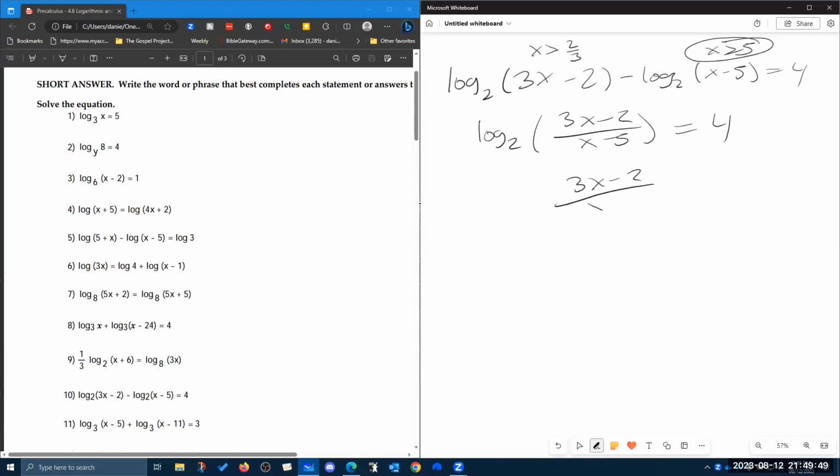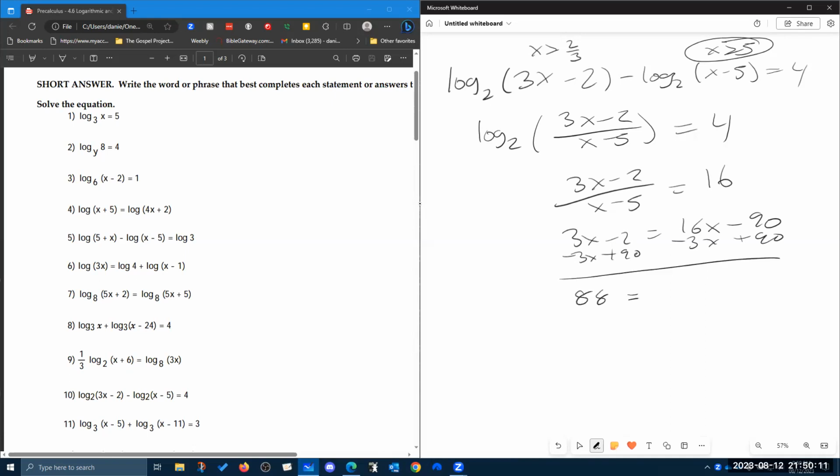(3x minus 2) over (x minus 5). 2 to the 4th is 16. 3x minus 2 equals 16x minus 90. Subtract 3x, add 90. 88 is equal to 15x. X is equal to 88 divided by 15.